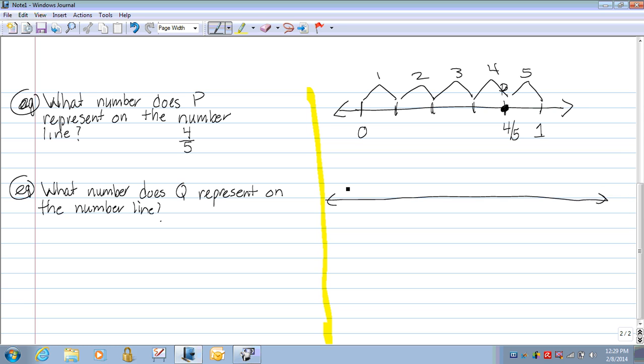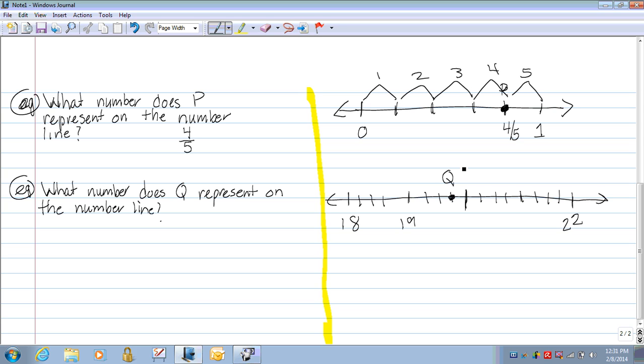This time, instead of our point being between 0 and 1, we are going to draw it like so. And this is going to be point Q.